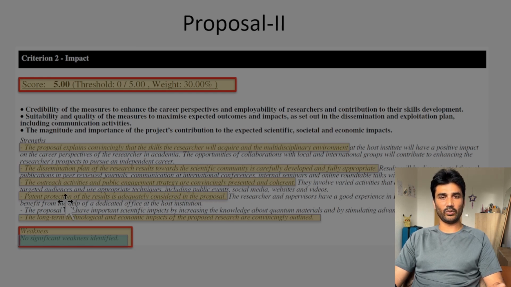So these were very important things, and I put some effort in. I tried to learn how this section should be written, and in this section they mention, for example, that patent protection of the results is adequately considered in the proposal. And they also mentioned that both supervisor and researcher have experience. For example, I filed a patent in my PhD, and I brought it here that I have experience of filing patents.